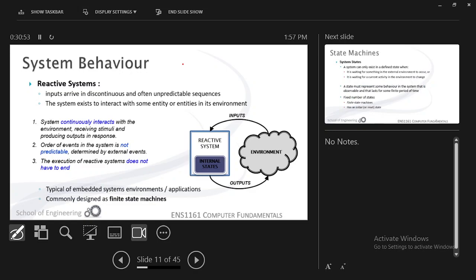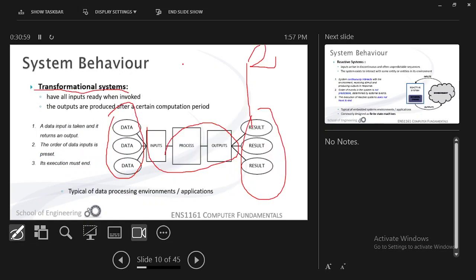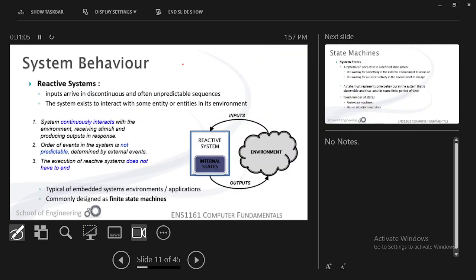Then an interesting topic is reactive systems. Now, the previous one is the standard structure that you have seen in many places. But reactive systems are very powerful because they adjust their behavior based on the external environment.